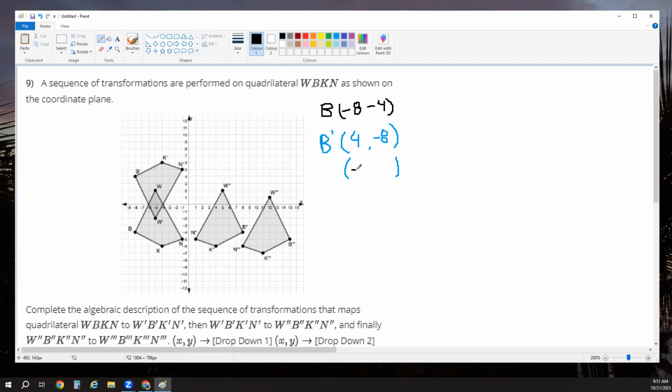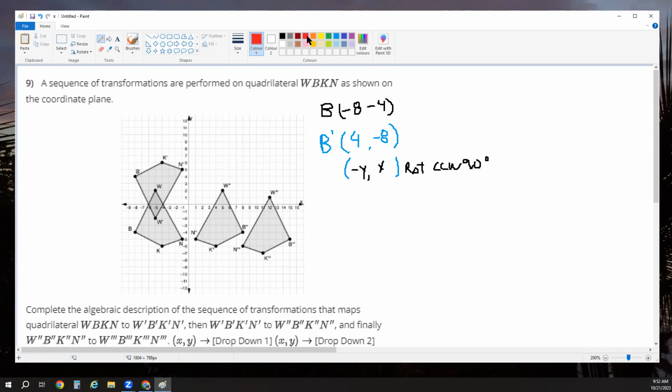So it's going to be (-y, x), the x's are the same. So that is a rotation counterclockwise, 90 degrees.